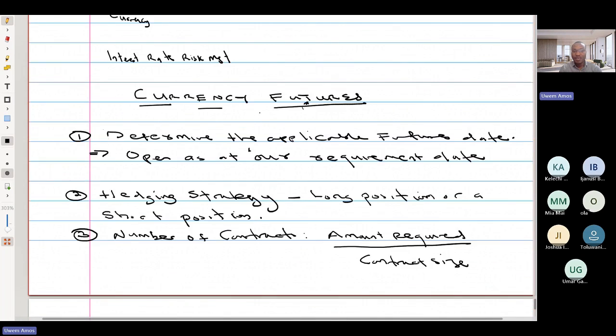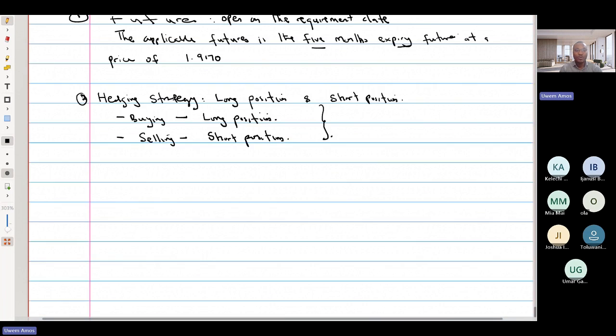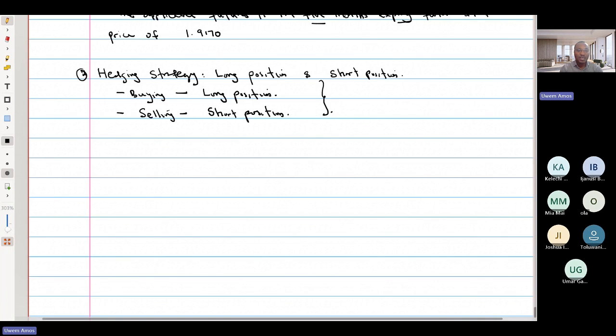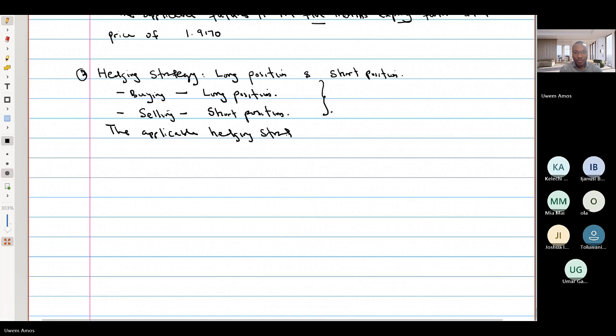So that's a very quick freebie for everyone. So we would say that the applicable hedging strategy is a long position.